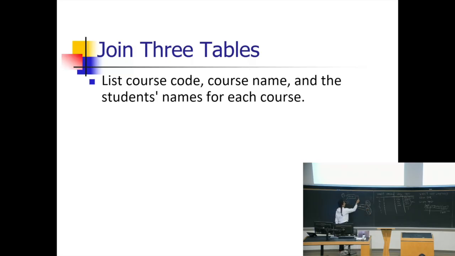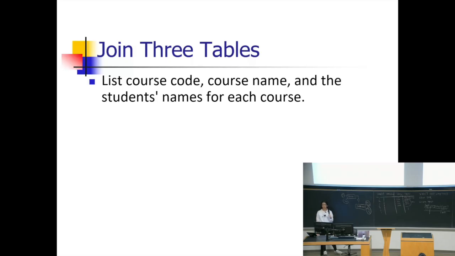And because these two are linked together, what is this relationship? One to one, one to many, many to many? Let's say each instructor can teach multiple courses, but each course can only have one instructor. If that's the assumption, then it's a one-to-many relationship, right?